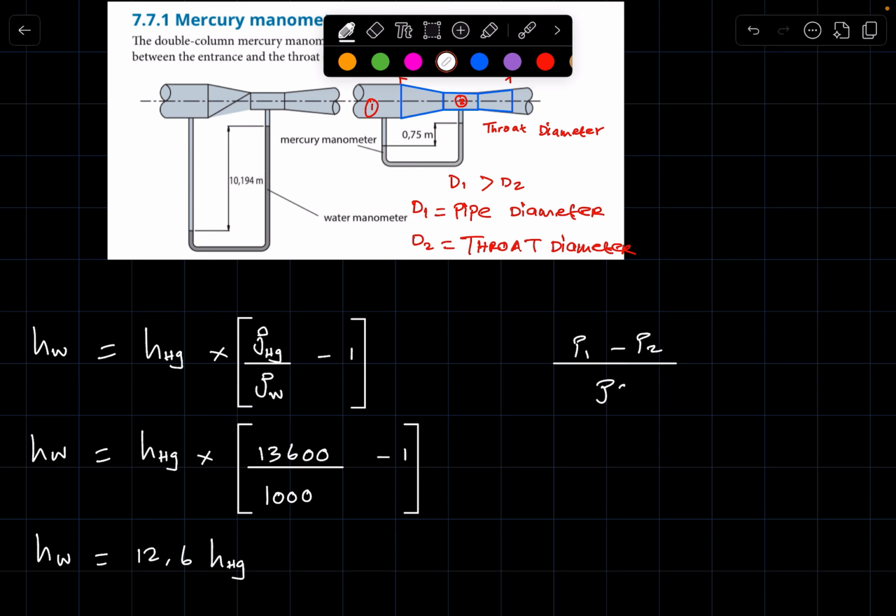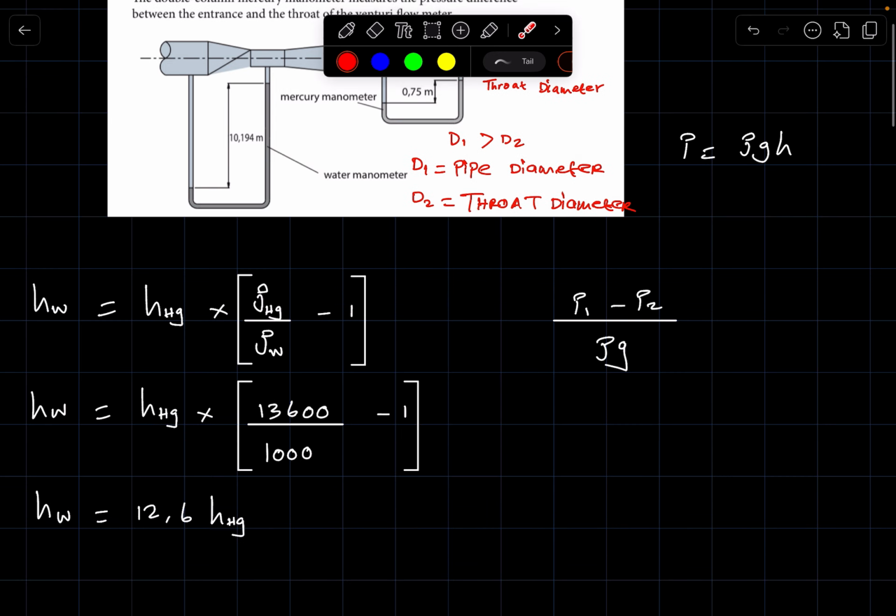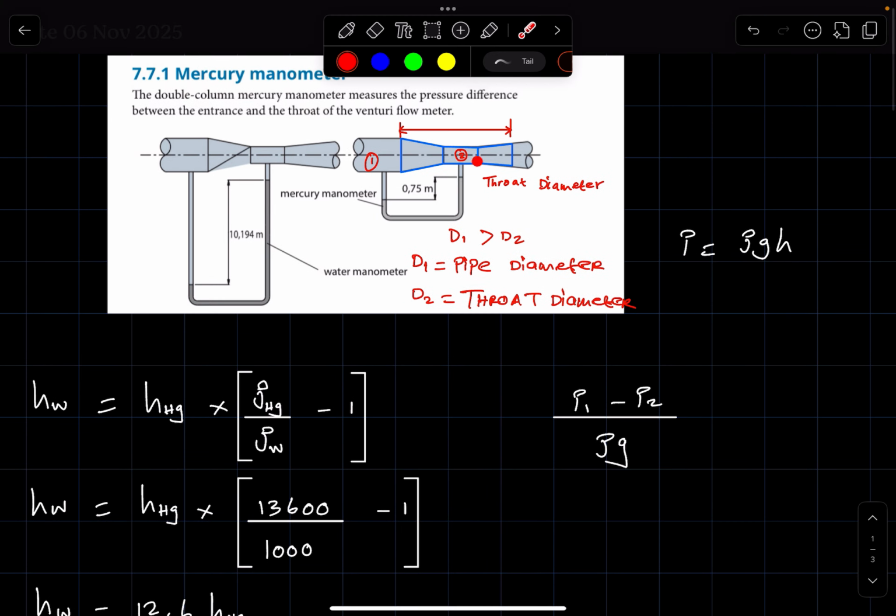divided by rho g. Remember that the general formula to calculate the pressure of a fluid at any point, or the pressure energy, is rho g h. So if you're looking for h, you obviously have to get rid of the rho g by dividing both sides by it. Hence, in terms of the pressure head difference, the difference in pressure between point 1 and point 2, this is what you'd get.